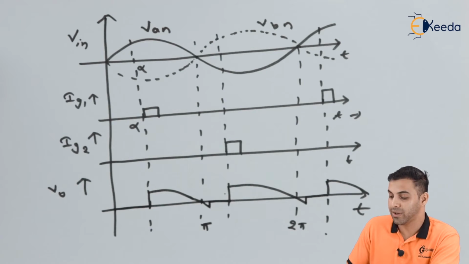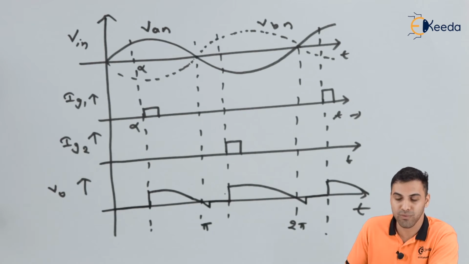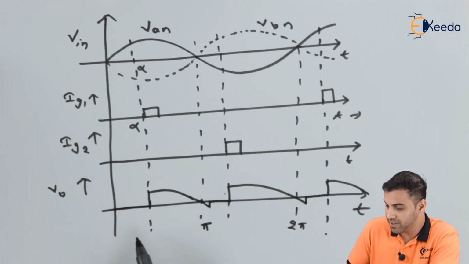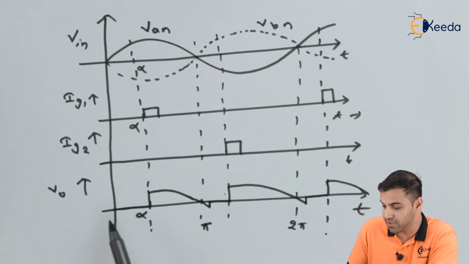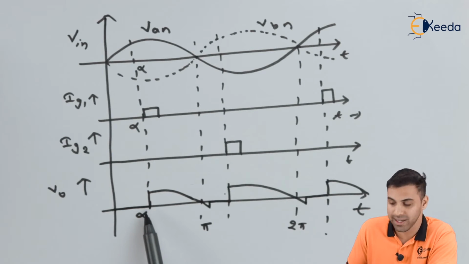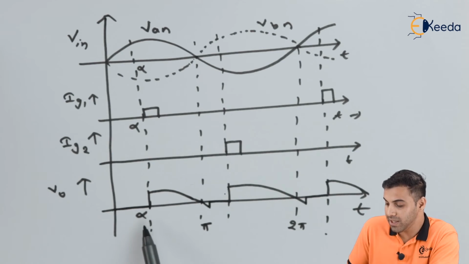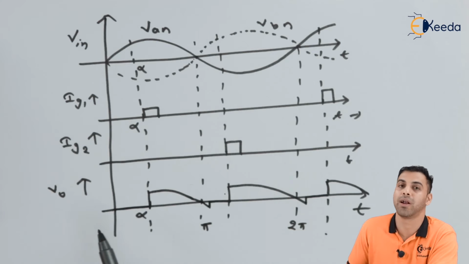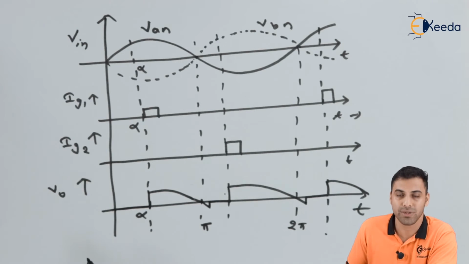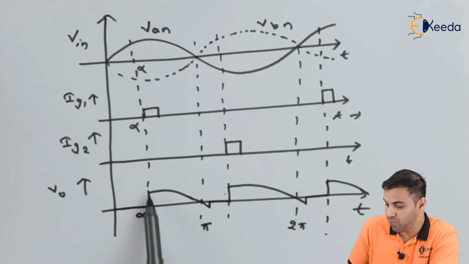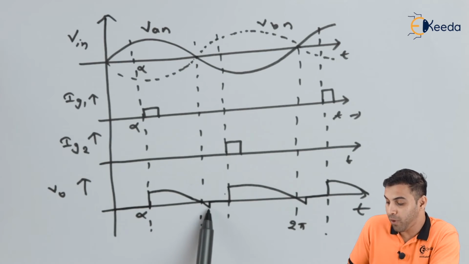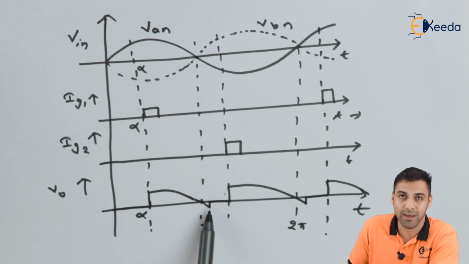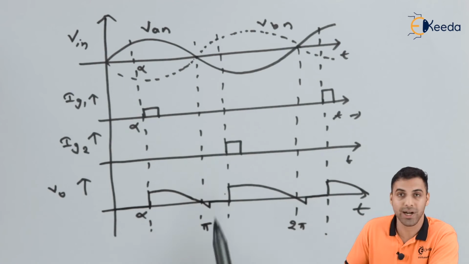So friends, I would like to summarize again the waveform of output voltage. Here, if you can see, this is alpha again. So friends, as you all can see, from 0 to alpha, as nothing is conducting, thyristor T1 will be conducting because we are applying a gate voltage to the thyristor gate terminal. So we can see the output waveform. It will just cross pi, and at this point it will stop conducting because the negative half cycle started.